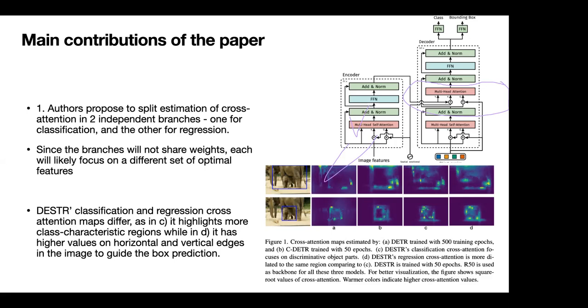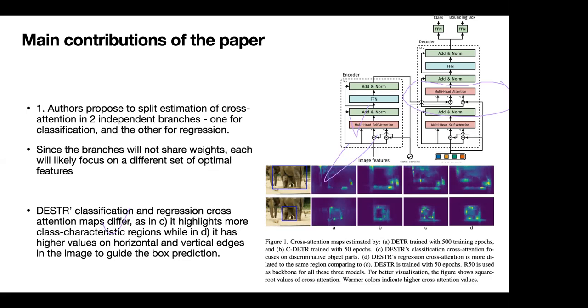In the picture below, you can see cross-attention maps on the right. A and B are cross-attention maps of DETR and CDETR, and as you can see, they have one branch for classification and regression, and they are more likely focused on shared features capturing both the object and the bounding box around this object, while in pictures C and D, you can see that the classification and regression cross-attention maps differ.